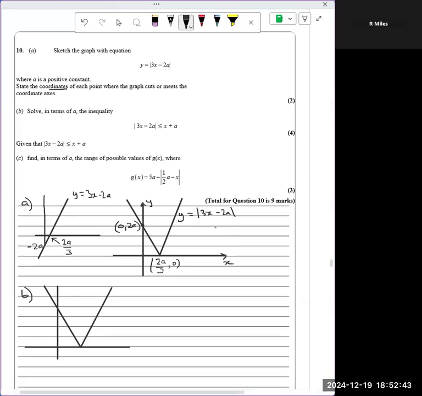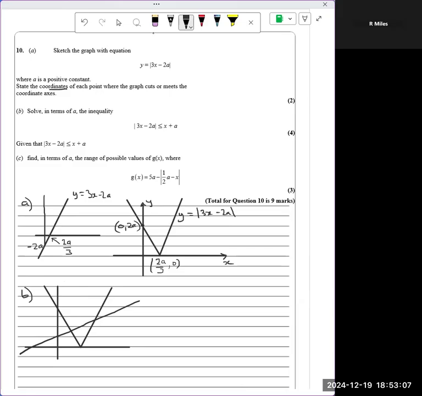And I want to add on to that graph, the graph x plus a. Well, x plus a is gradient 1, and this was 2a, so it's going through a. So it's going to be something like this. That was meant to be a straight line. It's not very straight, but never mind.